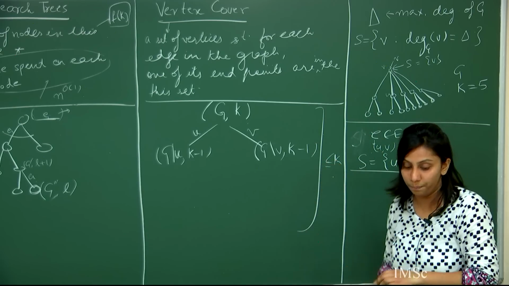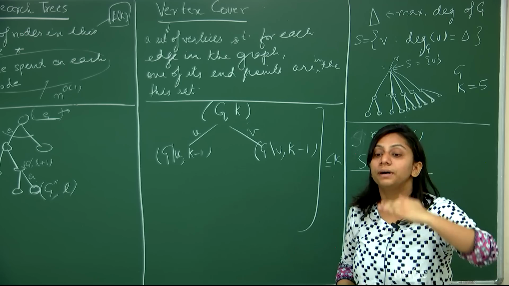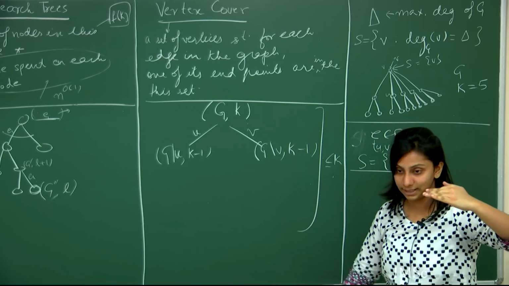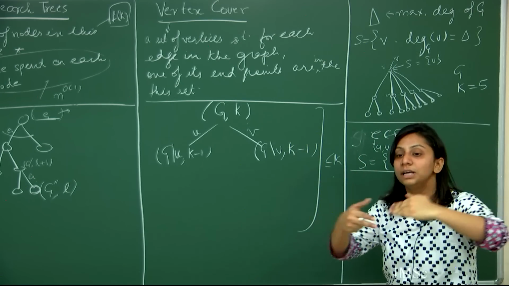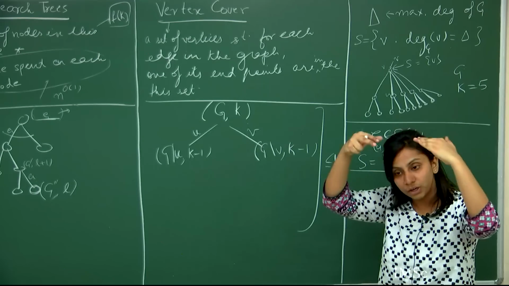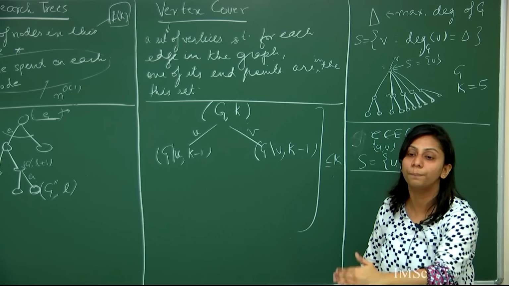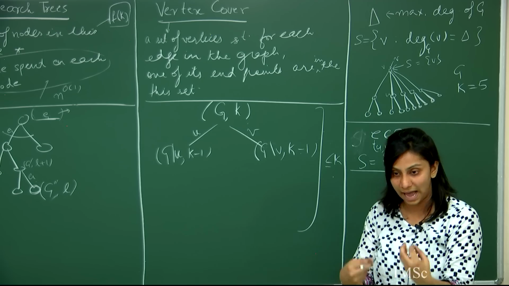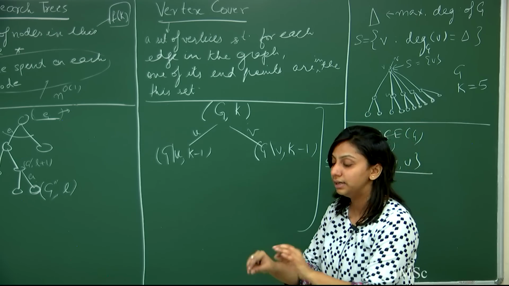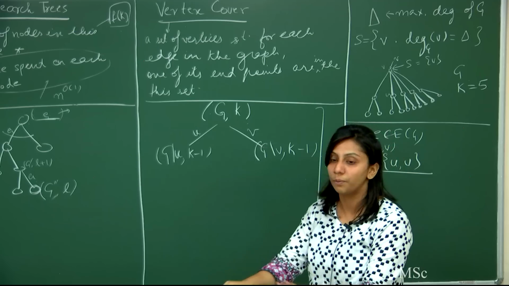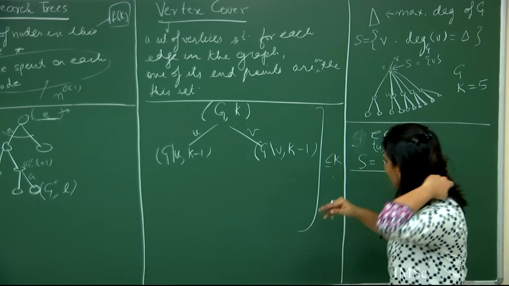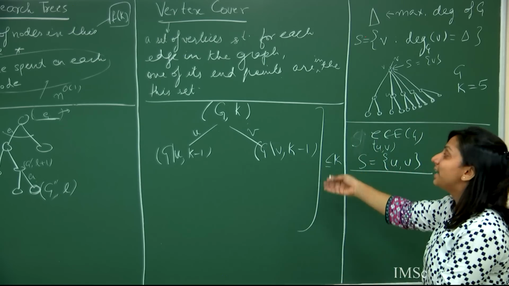Because maybe I stop earlier, maybe I don't even go till height k, because I'm unable to find S. But even if I go deep down, I'll definitely not go beyond k equal to 0, because then I'll brute force and just stop when k is equal to 0. Okay. So this is an algorithm for vertex cover.